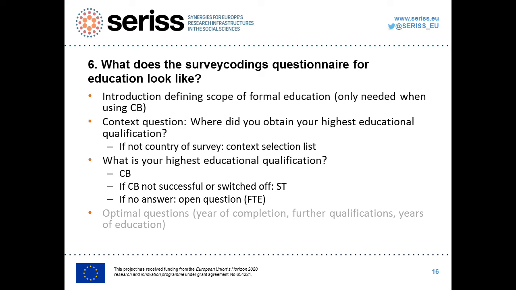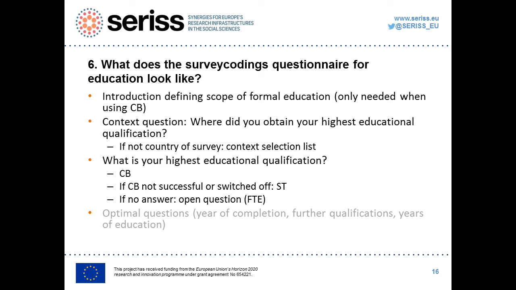Secondly, we have the context or country question, which asks, where did you obtain your highest educational qualification? And if that is not the country of the survey, which is one of the response options, as you have seen before, there is the more detailed list of countries and education contexts to select from. And then, as the third question, is the crucial question, what is your highest educational qualification?